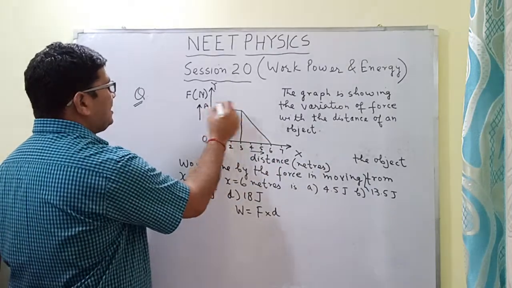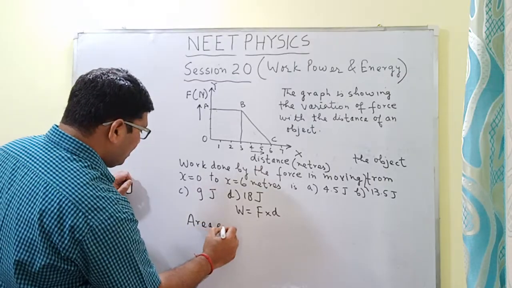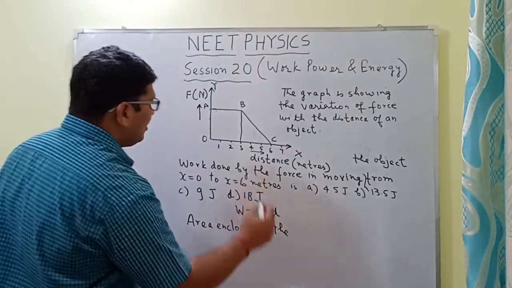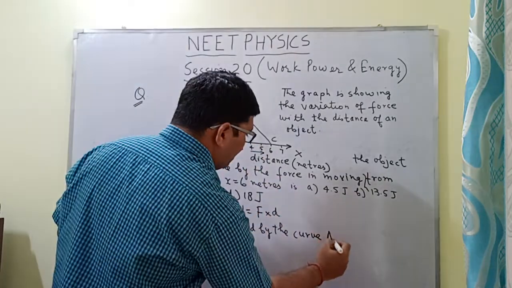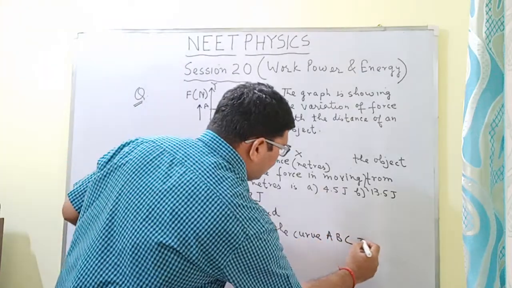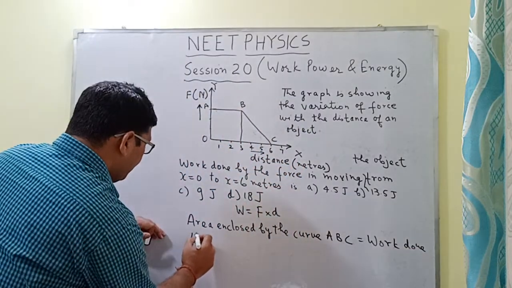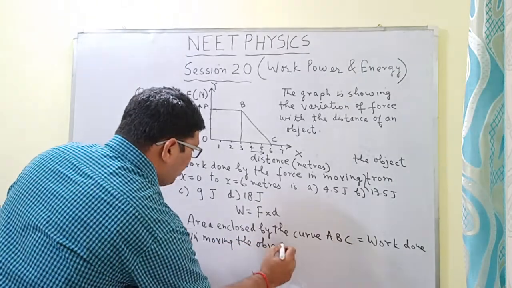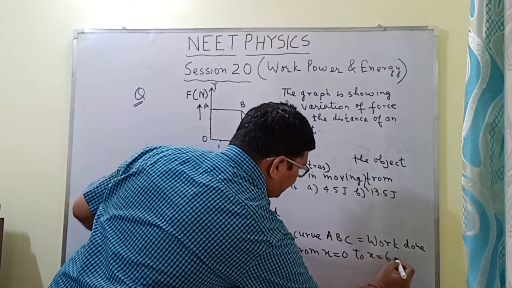Let us say this is O, this point A, this point B, and this is the point C. So the area enclosed by the curve ABC will be equal to the work done in moving the object from x is equal to 0 to x is equal to 6 meters.